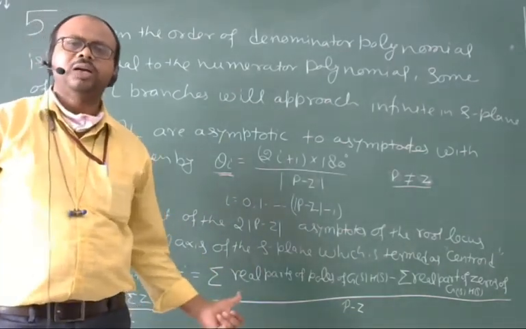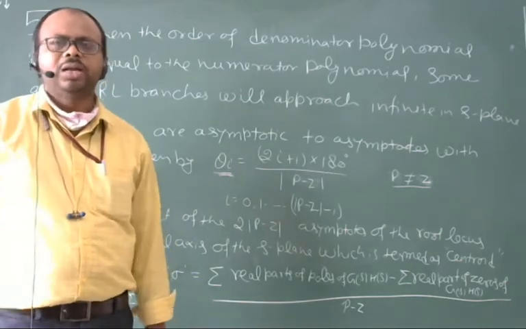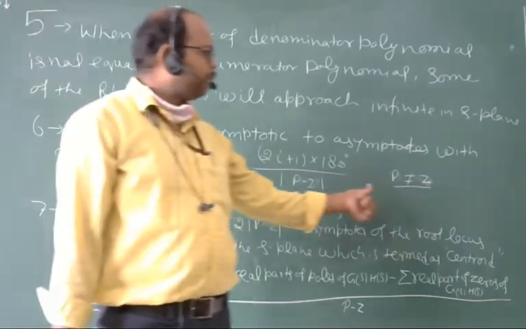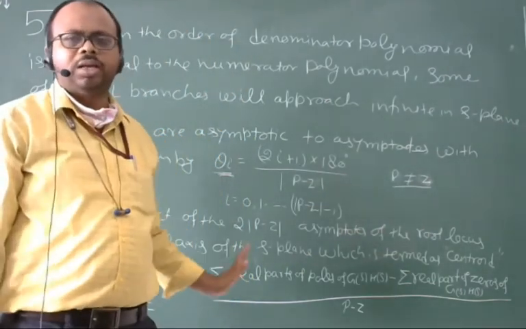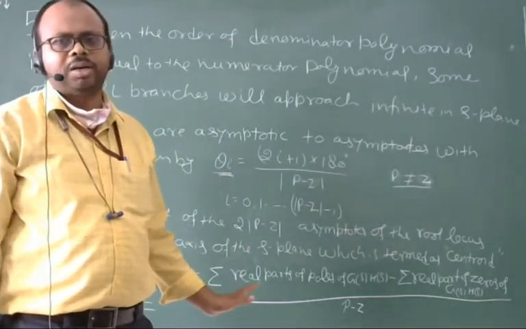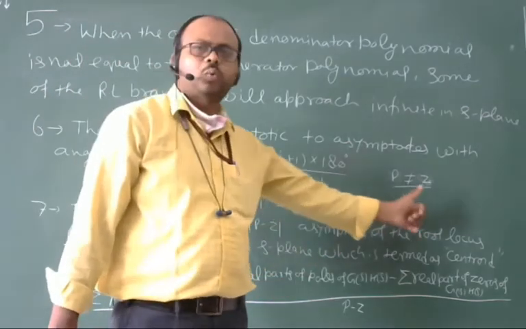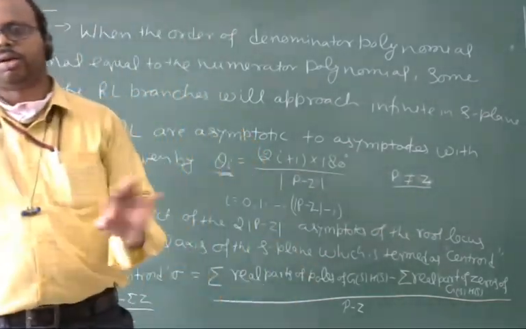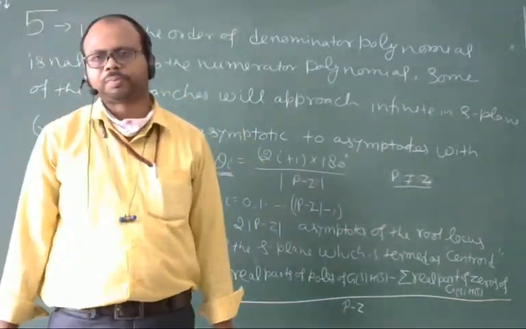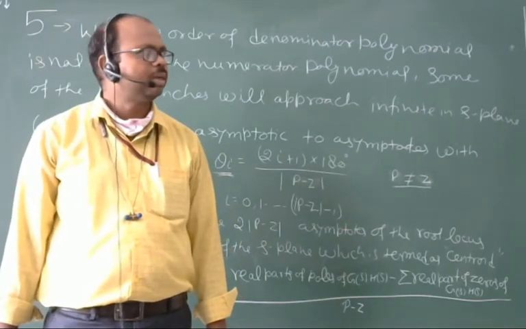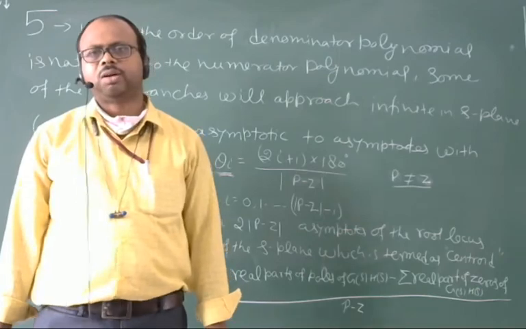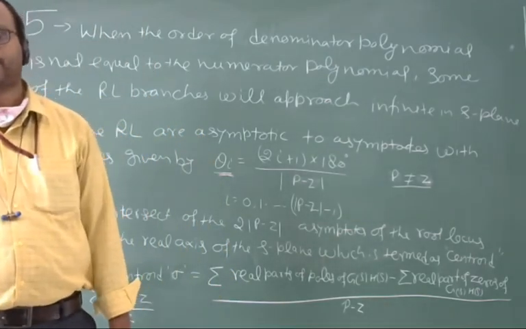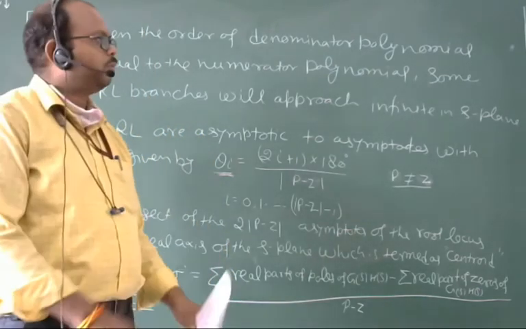Again, only if P is not equal to Z can the centroid be determined. If P is equal to Z, then we cannot determine the centroid.